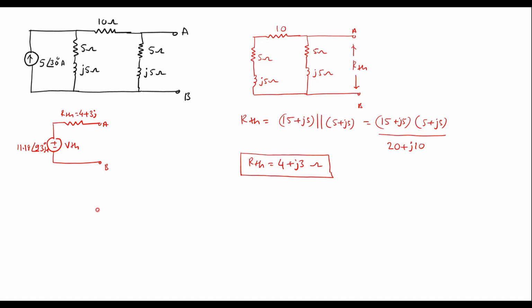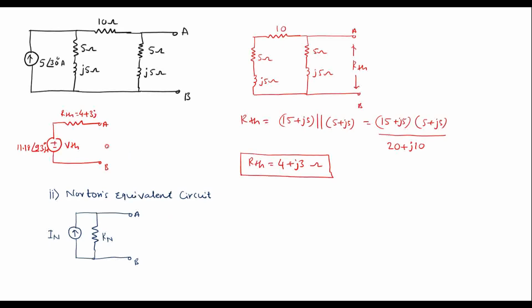Now let's calculate the Norton's equivalent circuit. So Norton's equivalent circuit looks like this. That is IN, known as Norton's current, which is in parallel with a resistor known as Norton's resistor RN, and this is the same terminal, that is A and B. The Norton's equivalent circuit can be easily obtained from the Thevenin's equivalent circuit by applying source transformation.